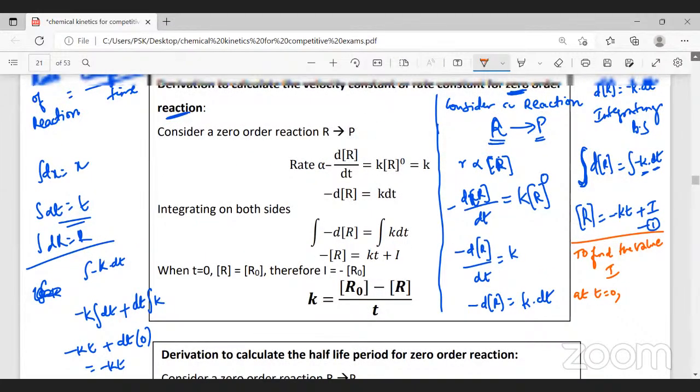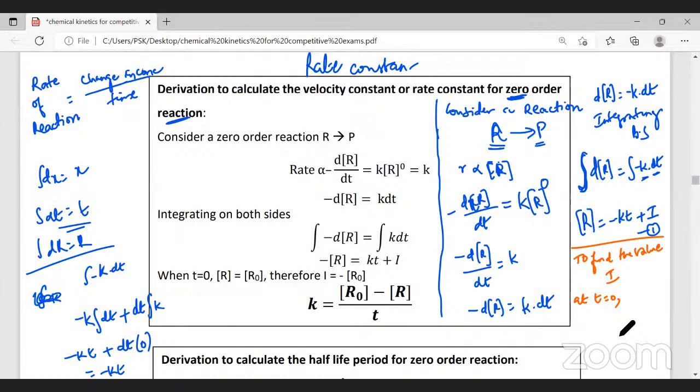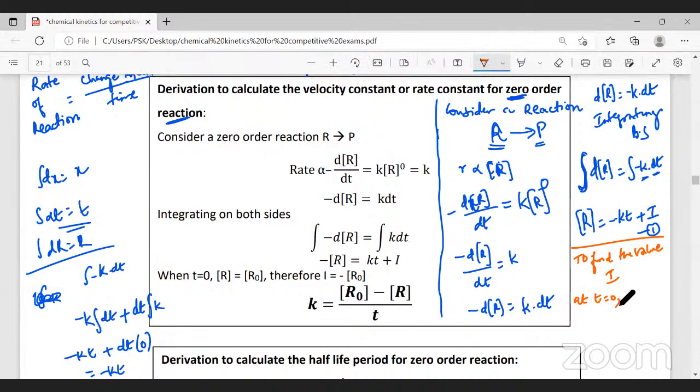At time t is equal to 0, do you think any reaction would have taken place? No. When time t is equal to 0, the concentration of the reactant remains as the initial concentration. So this R value, the concentration of the reactant, becomes the initial concentration.